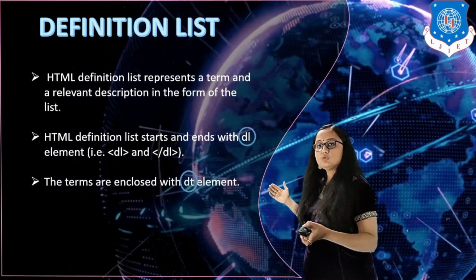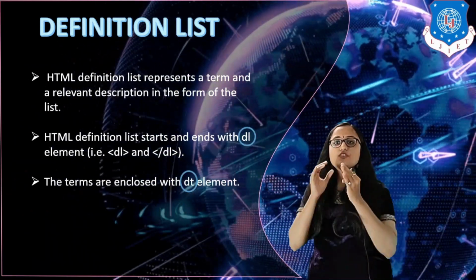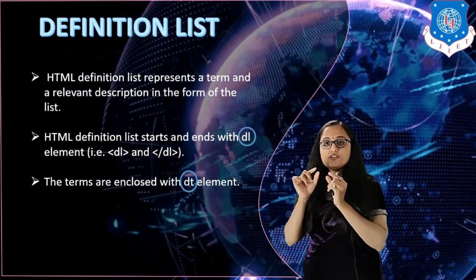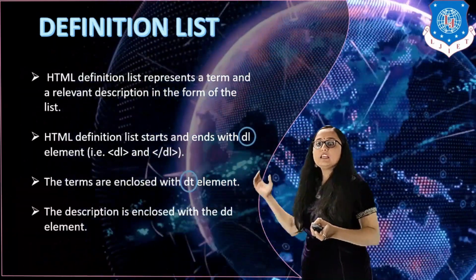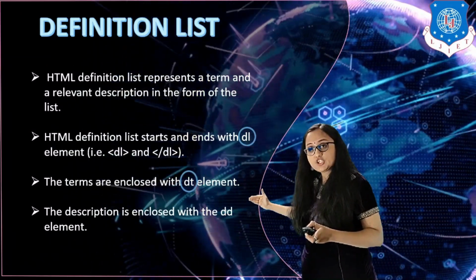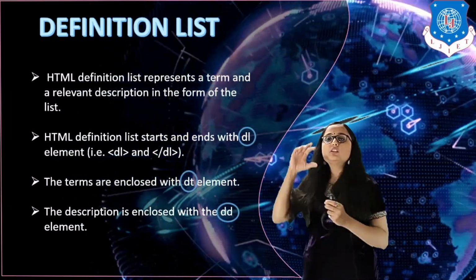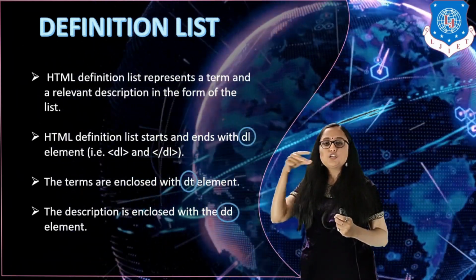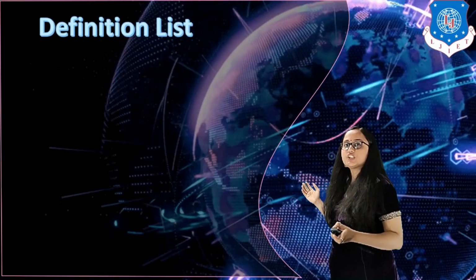The first one is DT. We know that a definition list consists of a definition topic and a definition description. So if you want to specify the definition topic, you have to write the topic inside DT. And if you want to specify the definition description of the corresponding topic, you have to specify it under DD. So the parent tag is DL, and inside DL you have to write two tags, DT and DD. Okay, now let us see one example of a definition list.